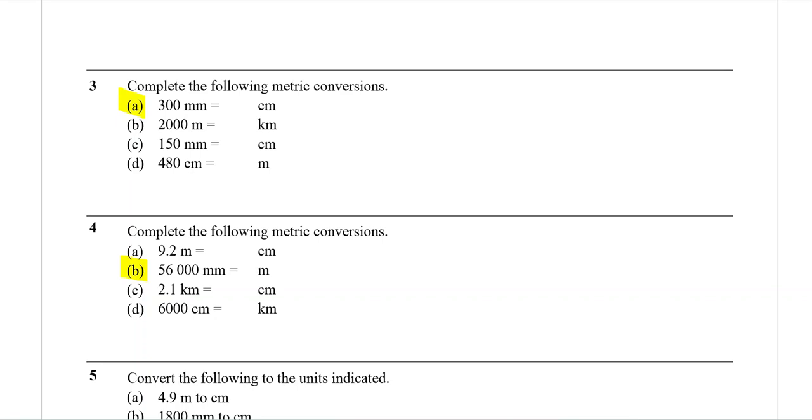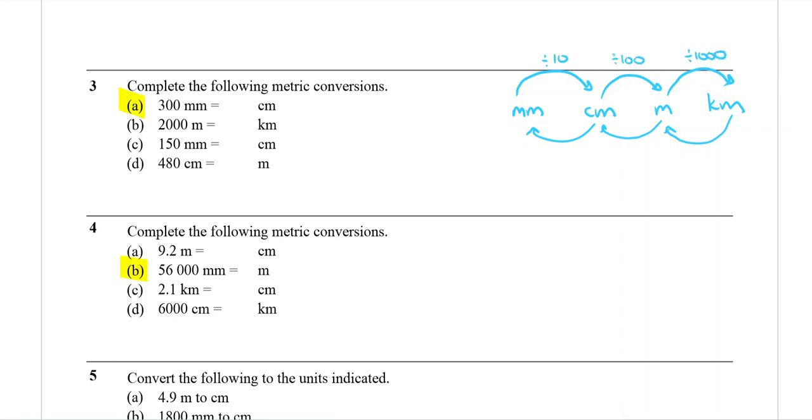We had a conversion diagram that would be on your study sheets, and I hope it makes it to your final exam study sheet. So it's divided by 10, 100, 1000, and then timesing when you go the other direction. Please remember the arrows, because without the arrows, you don't know which way you're going.